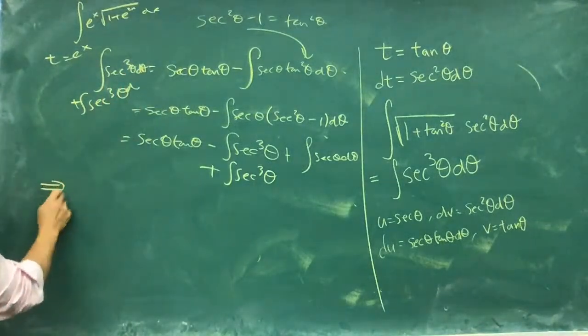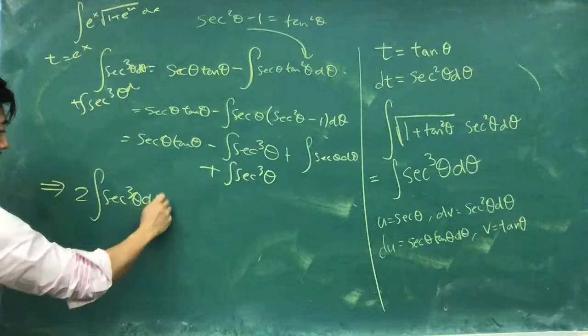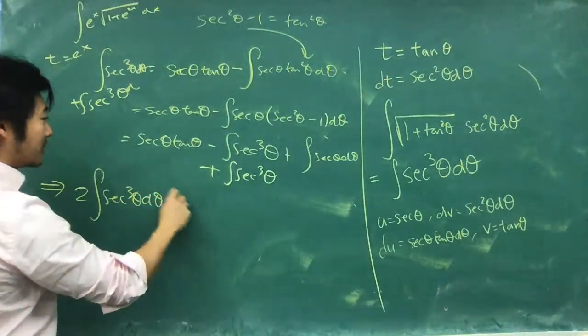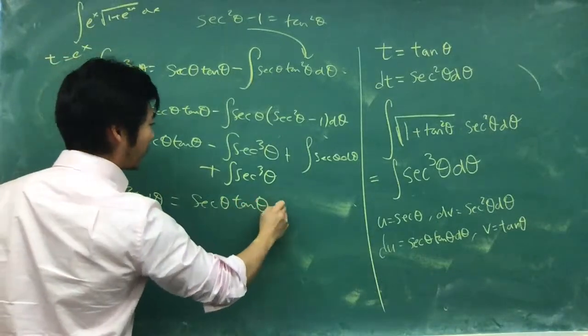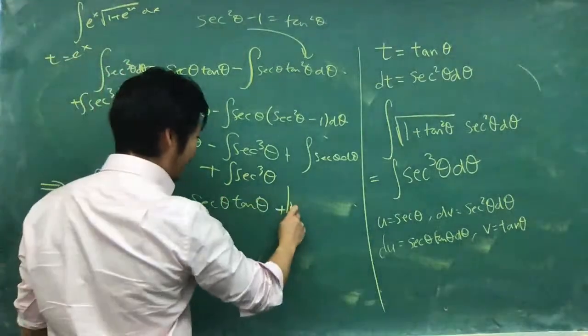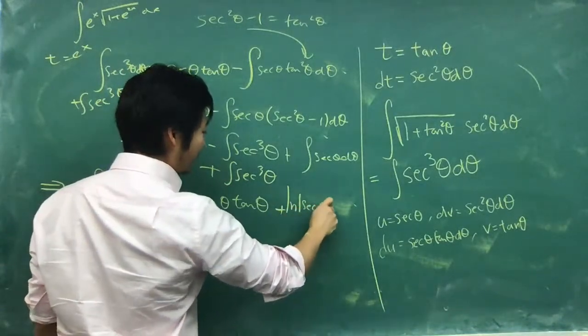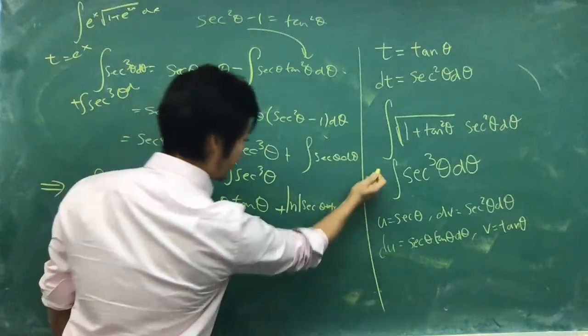And so this is 2 times the integral of secant cubed theta d theta equals secant tangent plus the integral of secant, which is natural log of secant theta plus tangent theta, plus c.